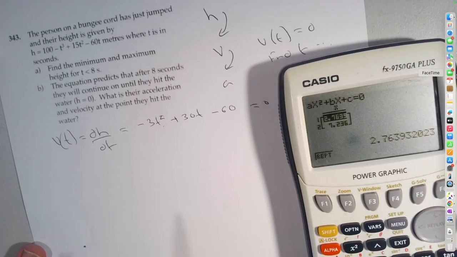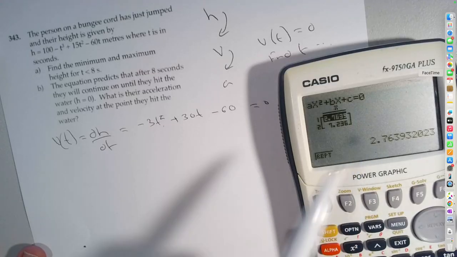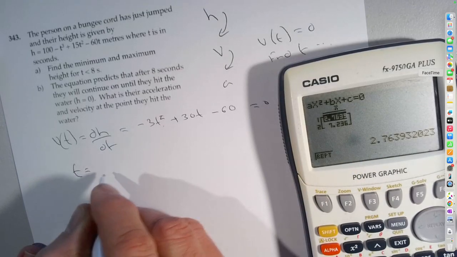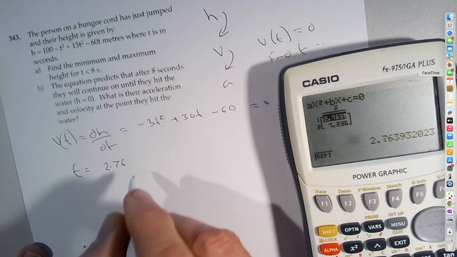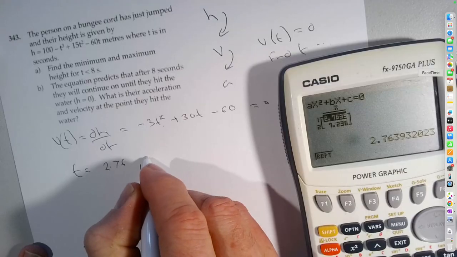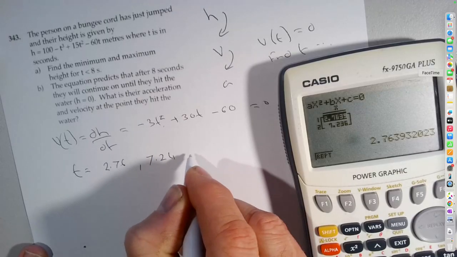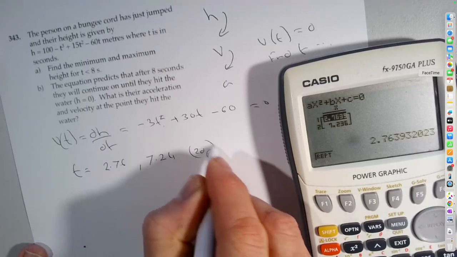Push solve, and I get two solutions. Let's round them to 2 decimal places. So t equals 2.76, and 7.24 to 2 dp.